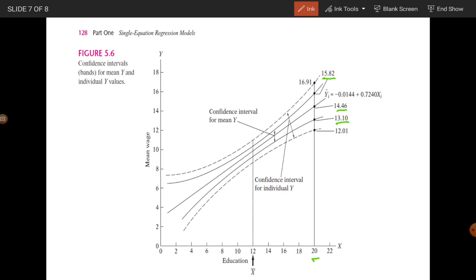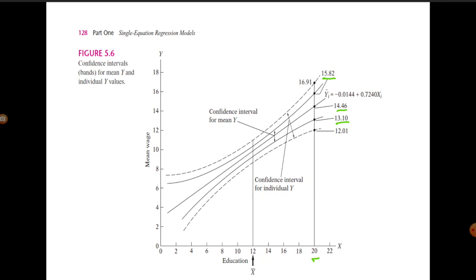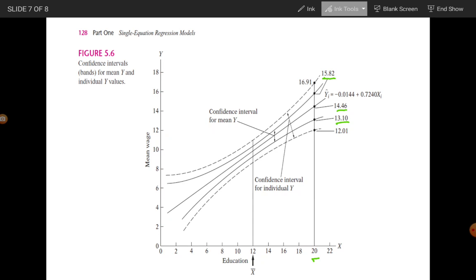Now, in the case of individual prediction, using the same example, remember the point estimate, whether it is individual prediction or mean prediction, remains the same. That is, for both the cases, the best linear unbiased estimator is beta 1 hat plus beta 2 hat x naught.